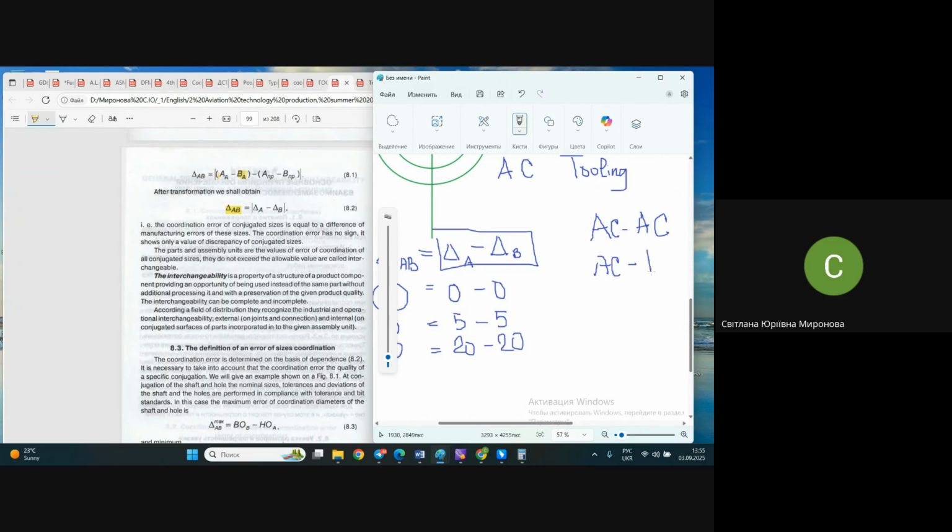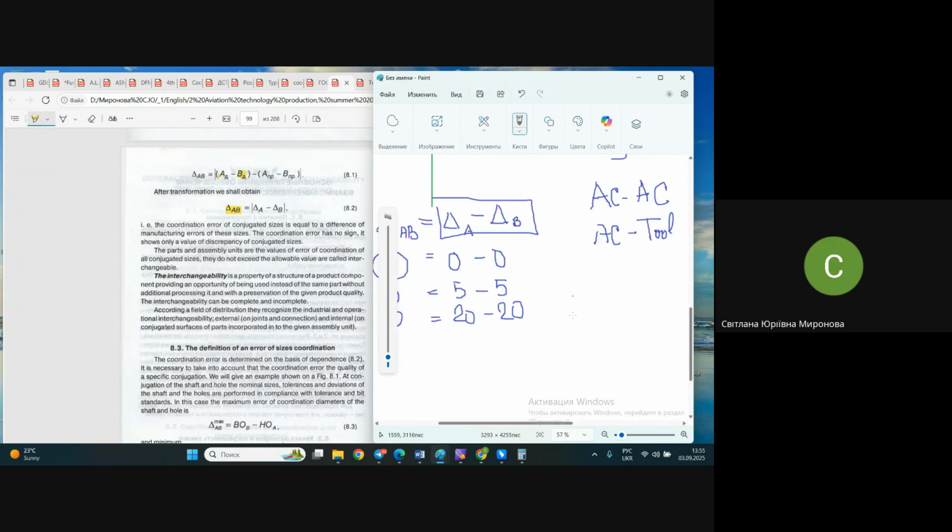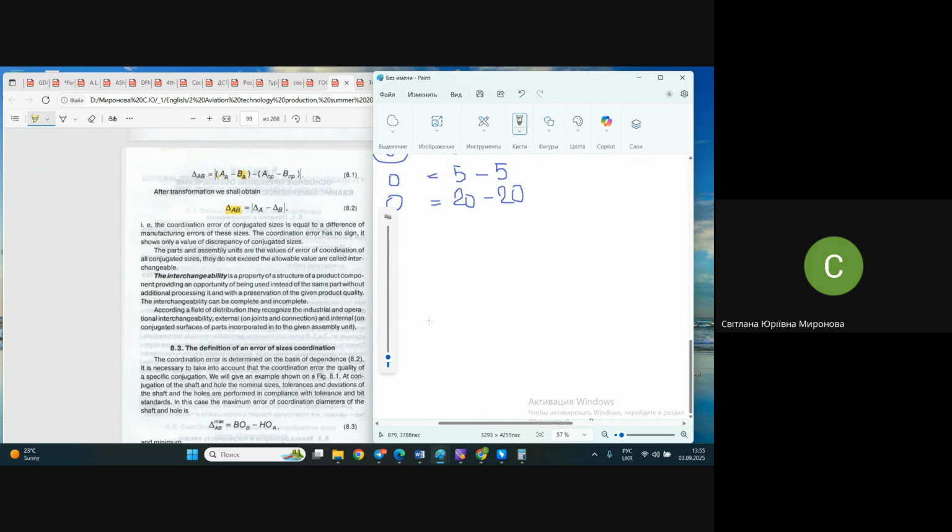For instance, a nose rib is manufactured in a shop, and next it should be inserted into some element of skin.